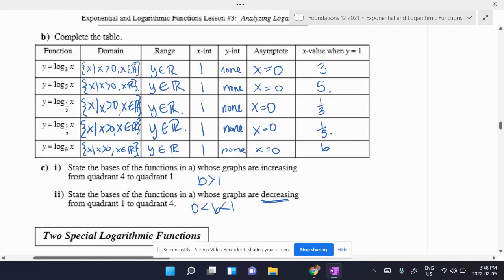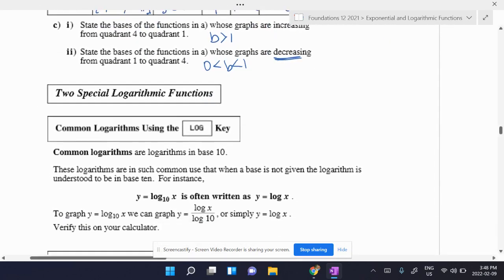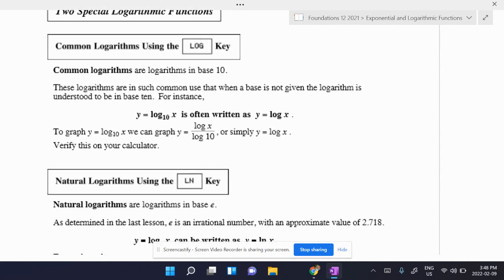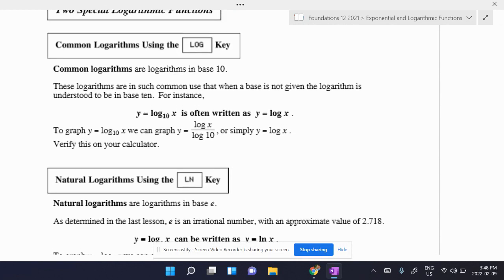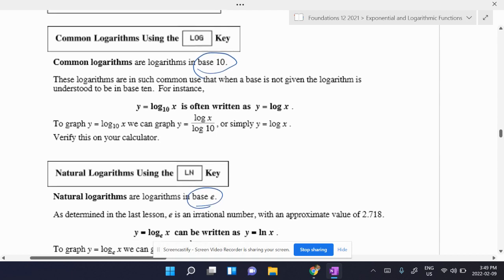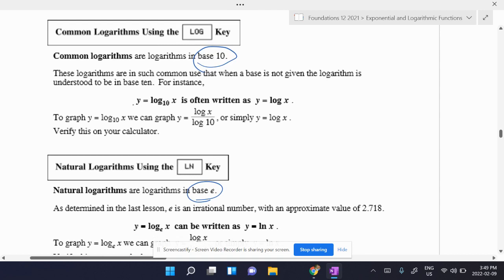Okay, so there's two special kinds of logarithms that we're going to talk about. The first one is with a base of 10, and the second one is with a base of e. So when you have y is equal to log base 10 of x, you simply write it as y is equal to log x because it is the common logarithm.